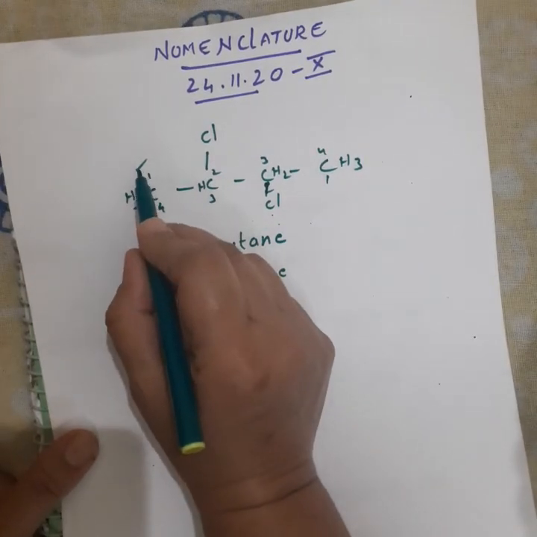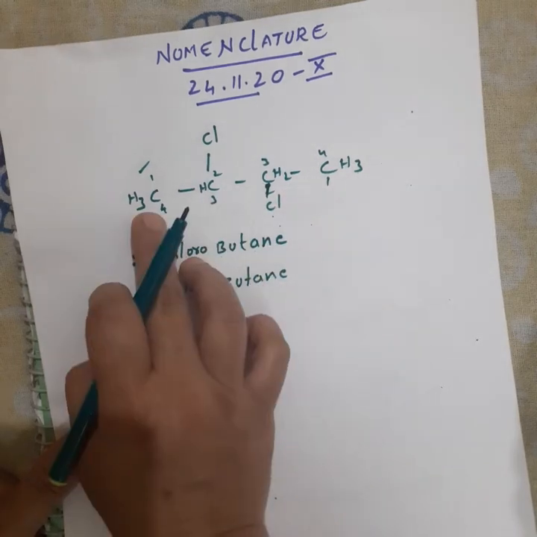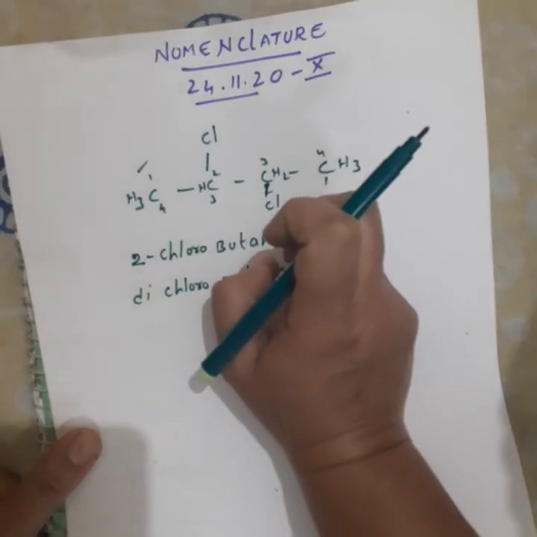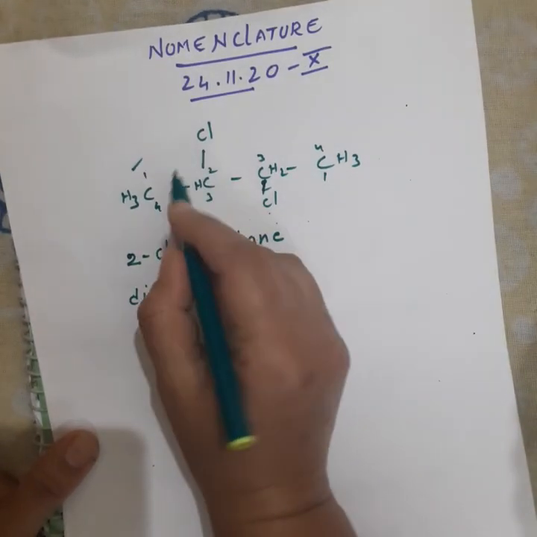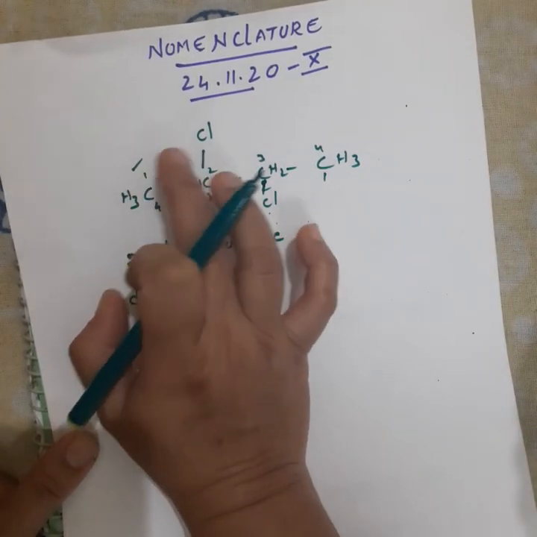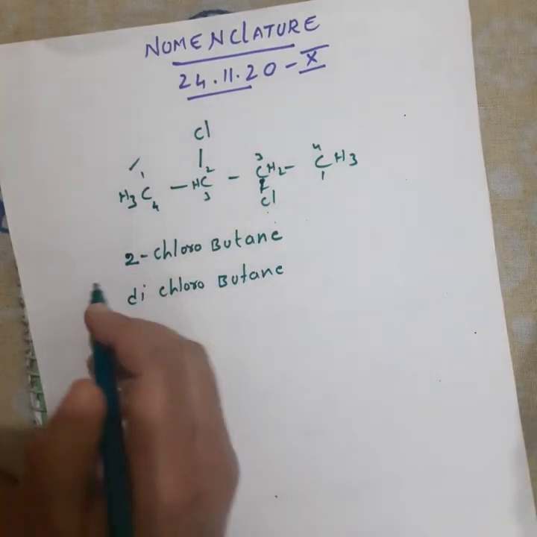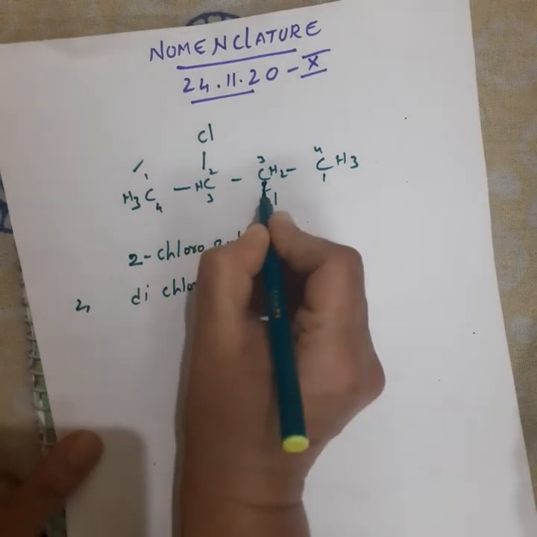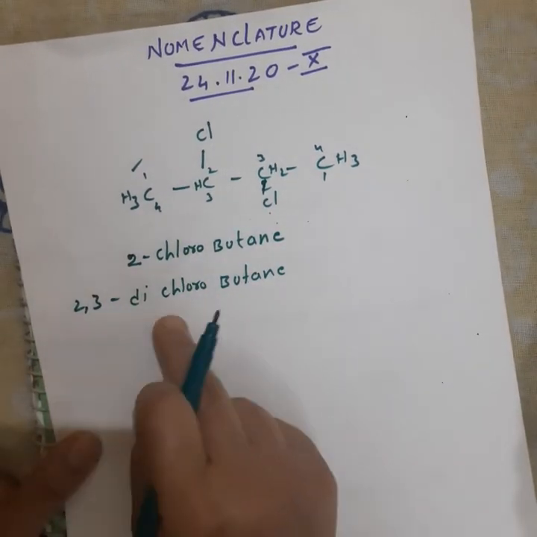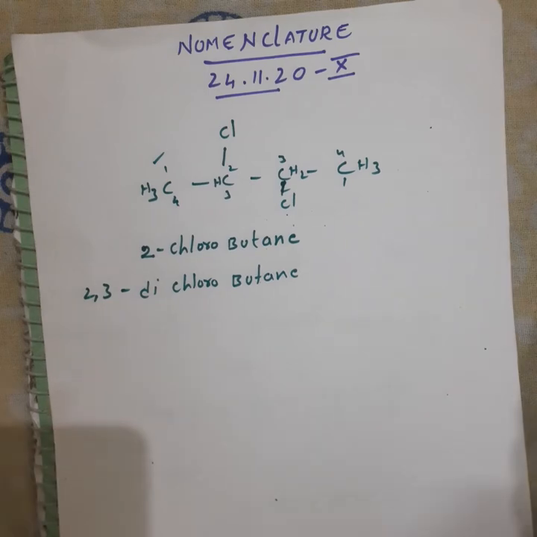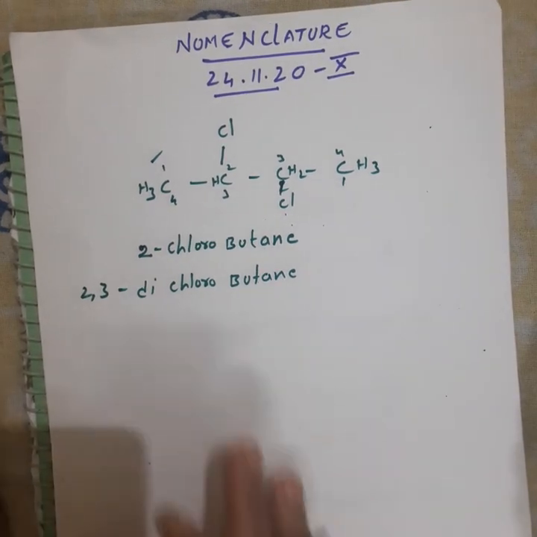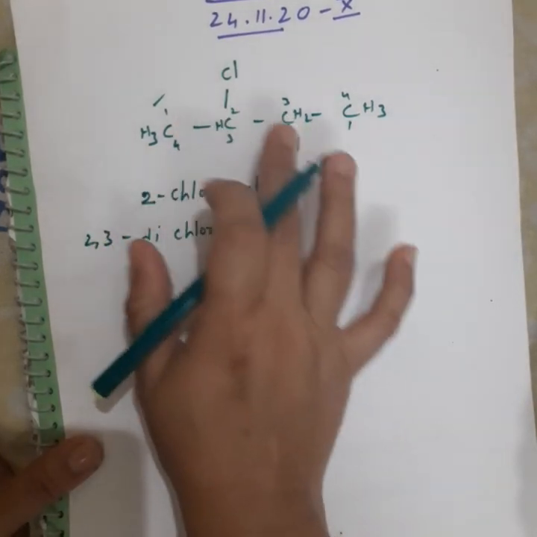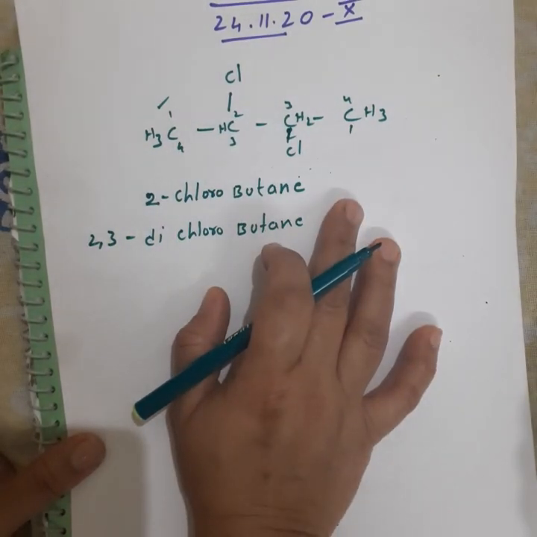If I go from left to right or right to left, they will get positions second and third respectively, so it makes no difference which side we choose. Start with the least number, 2, then 3. So 2,3-dichlorobutane.